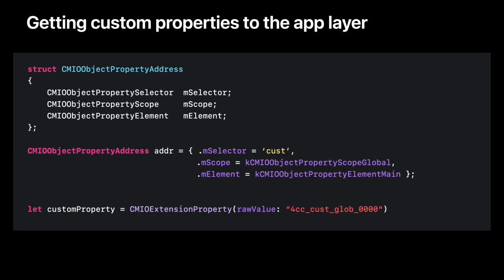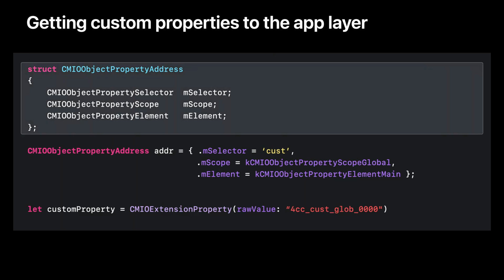You've already learned about many standard properties at the provider, device, and stream level. You can also make your own custom properties and propagate them to the app layer, just as I did in the CI FilterCam demo. Core Media I/O's C property interface uses a C struct to identify a property's selector, scope, and element.